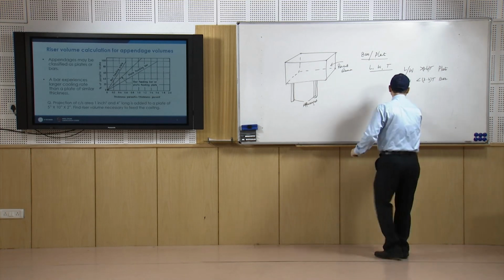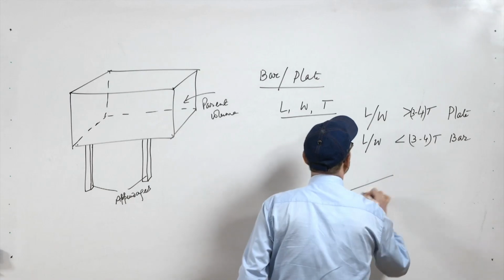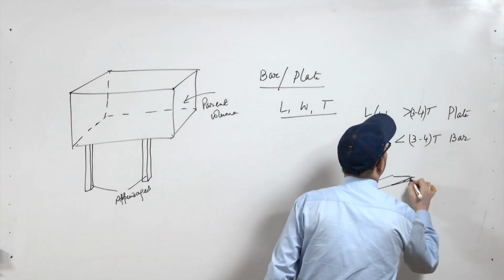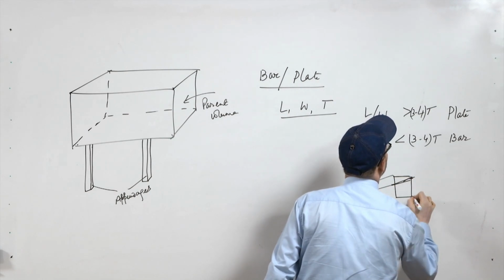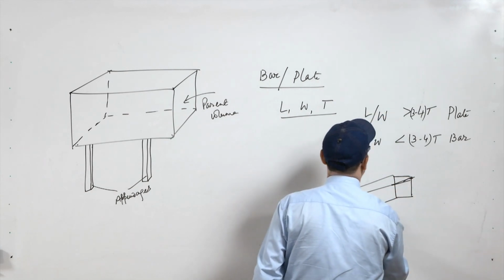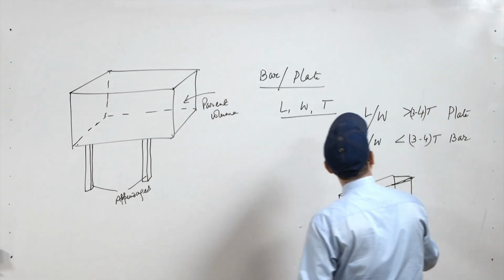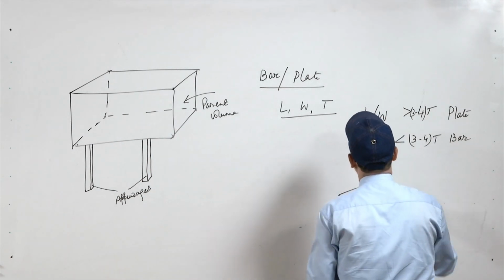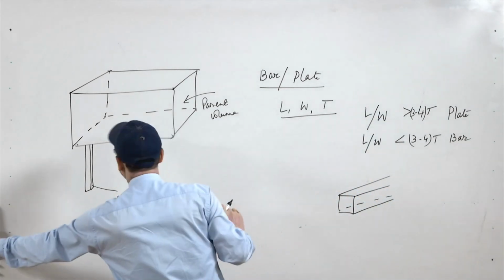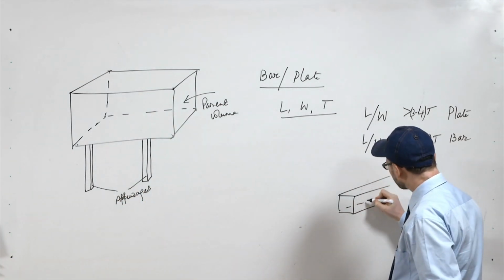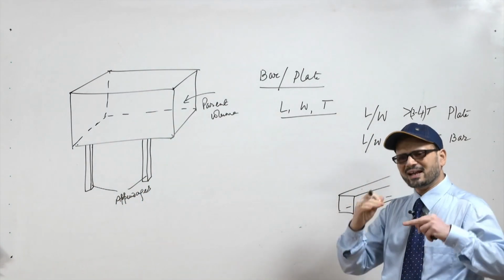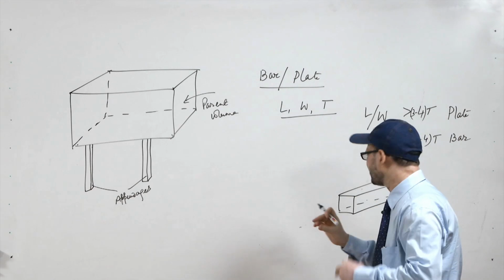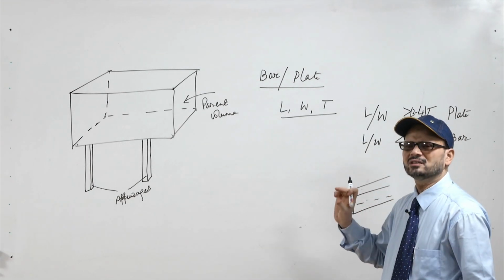If you look at a bar, it will be like this. For such bars, all these 4 sides contribute towards the heat transfer, whereas in plates the thickness is quite small.